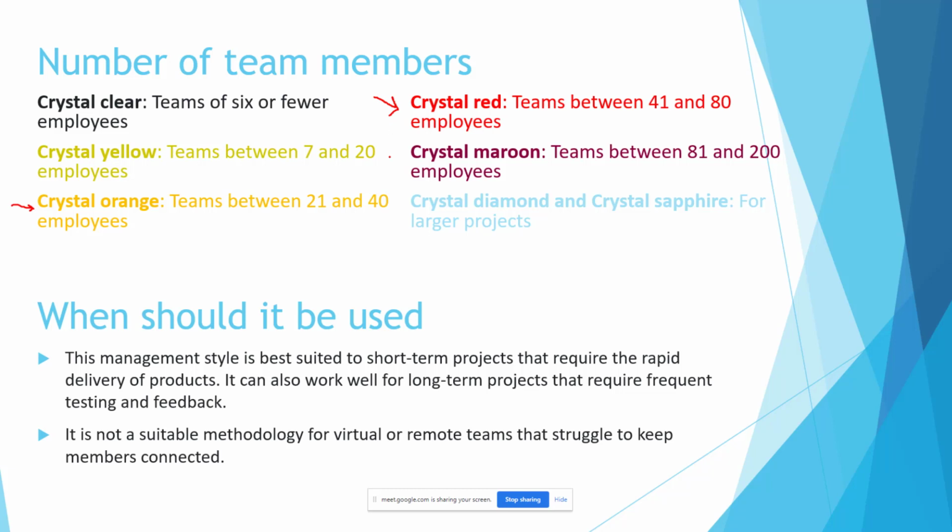In these projects, the team is divided according to the requirements. So if we have a project with a number of requirements, the teams can be divided according to these requirements. Maroon is on the same concept, but for even bigger projects. And Diamond and Sapphire are also the same, but for very, very large projects.